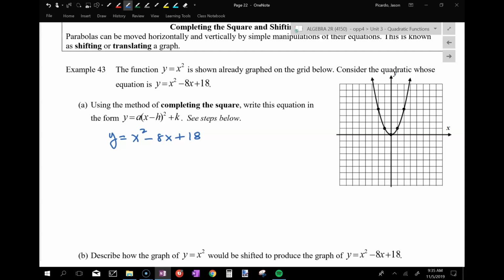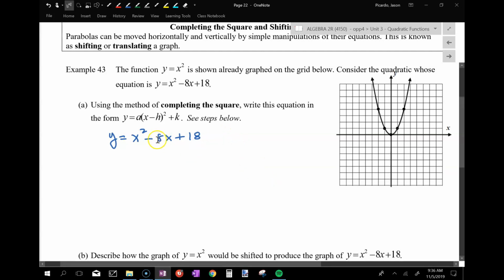Now, if you remember the technique of completing the square, congratulations, you're bionic, like me. If you don't remember it, let's go through it. The first thing you need to do is you only want x's on one side. So I'm going to take this 18 and I'm going to move it over here with the y.